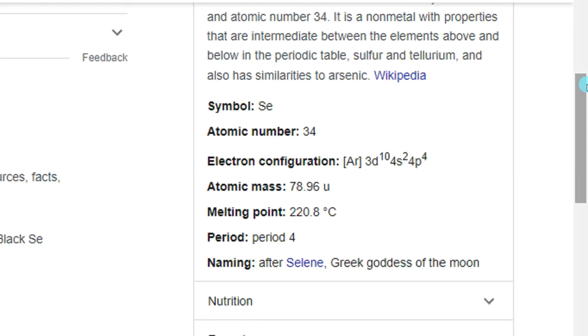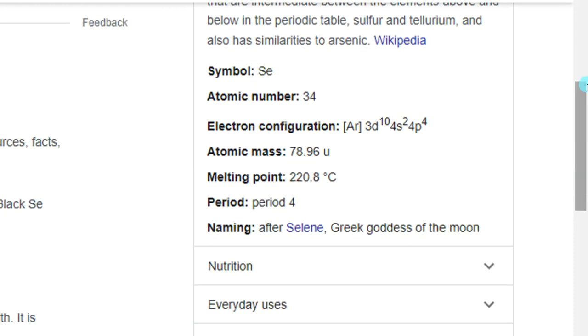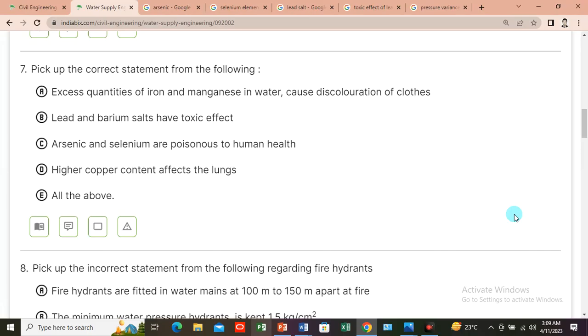So that's the symbol, atomic number 34. You can check out the configuration by yourself. Atomic mass 78, melting point 220.8 degrees centigrade, right? So it's saying that arsenic and selenium, these two, are poisonous to human health.